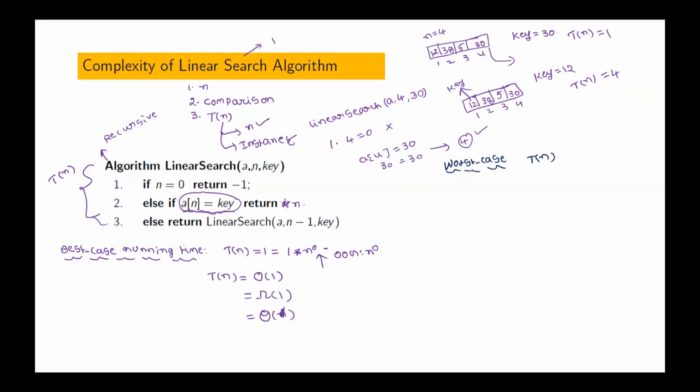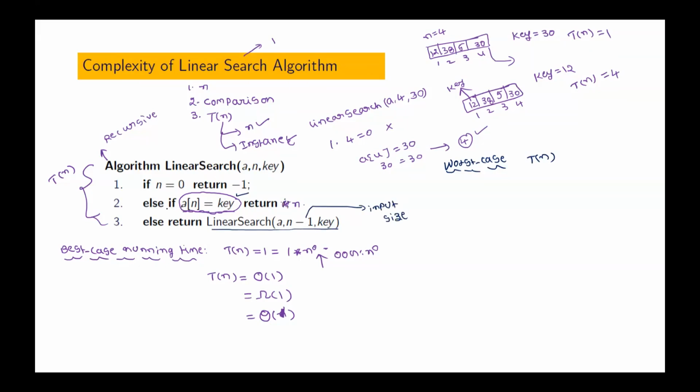So when n is given as input, it checks if n equals 0, it returns -1. Otherwise, it compares one time. After that, it calls the same function, but with input size n-1. That means what is the time this function takes?